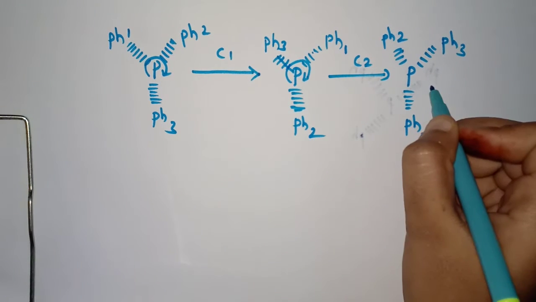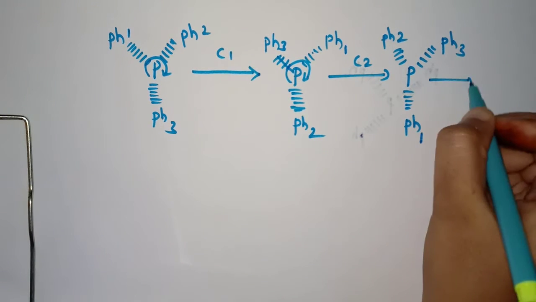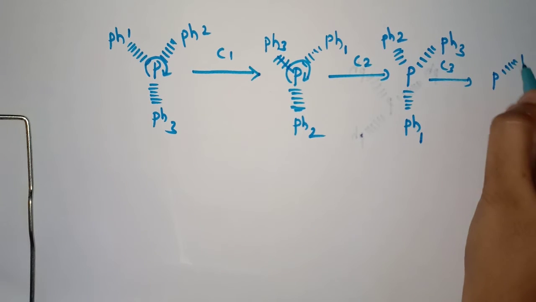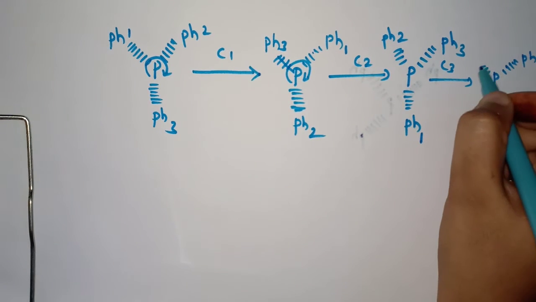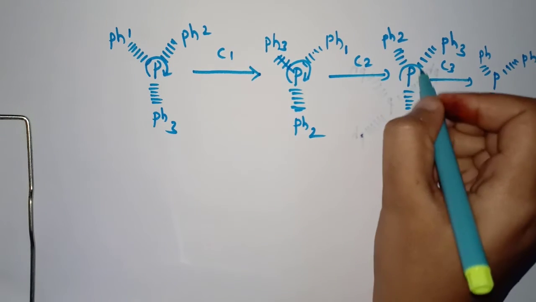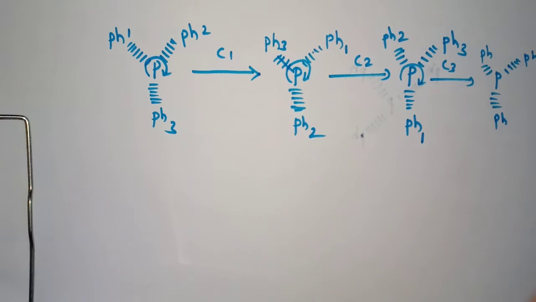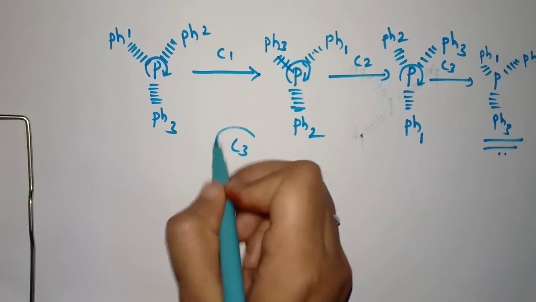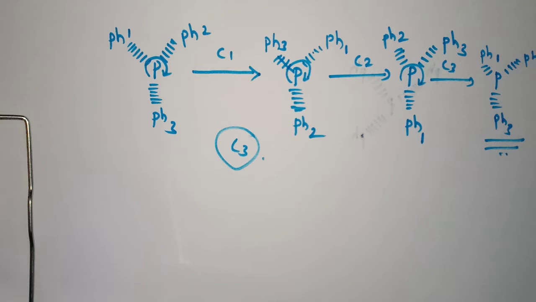And by again doing C3, we will get PPh, PPh, PPh. By again rotating, this P1 will go on the upper side, this P2 will come here and this P3 will come on the downside. This is the C3 operation, that is the C3 threefold rotation axis of symmetry in triphenylphosphine.